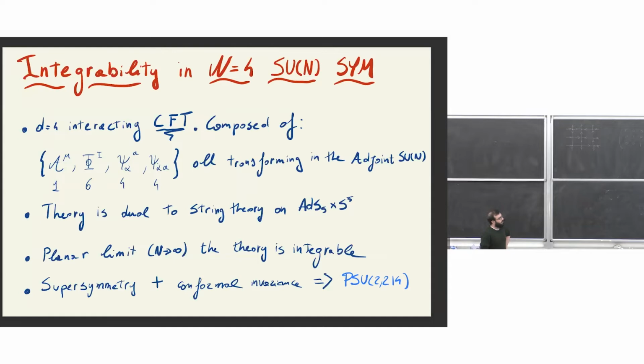SU(N) is the gauge symmetry of my QFT, and N=4 just means that I have the maximal amount of supersymmetry allowed for a gauge vector boson, and my field content is exactly this. I have one gauge vector boson, 6 scalars, and then 4 fermions and 4 antifermions, however you want to call them. And all this is the QFT that I care about.